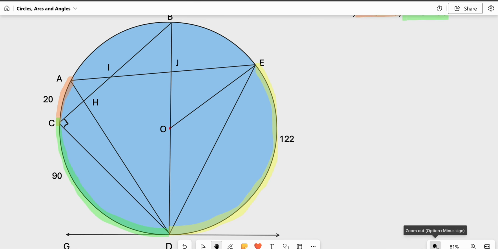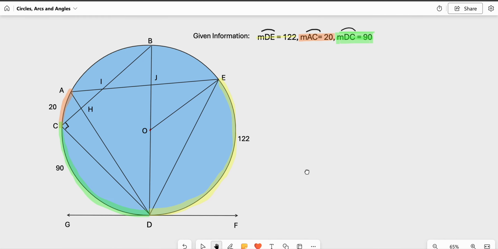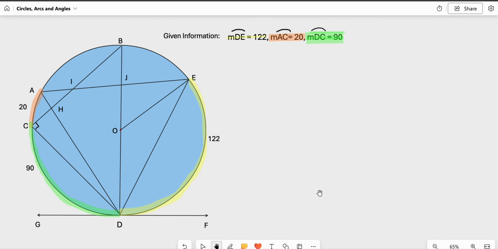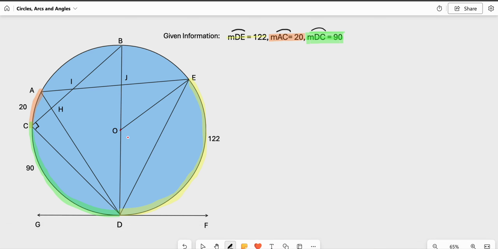Okay, so let's look now at this problem. So, again, it doesn't matter how daunting or how complicated a drawing might look like.